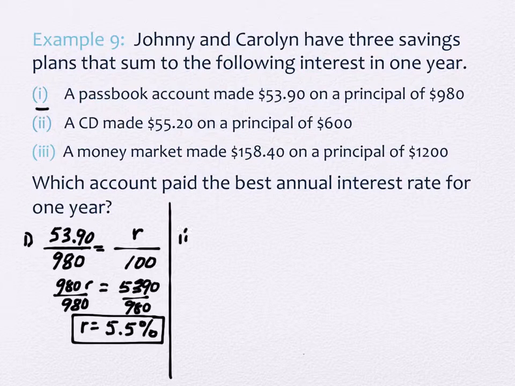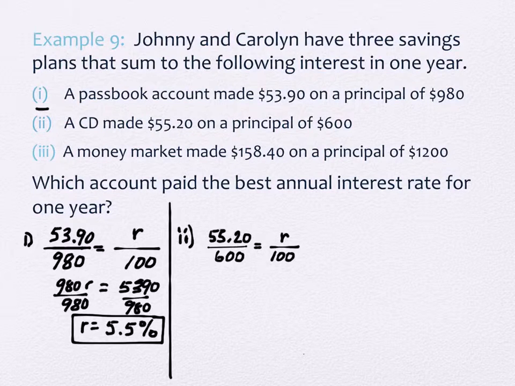We're going to do the second one, and we're going to do it the same way. The second one has a CD. It makes $55.20 on an original investment of $600. And that's 100% of the value of the investment.